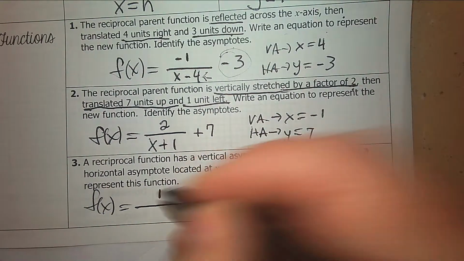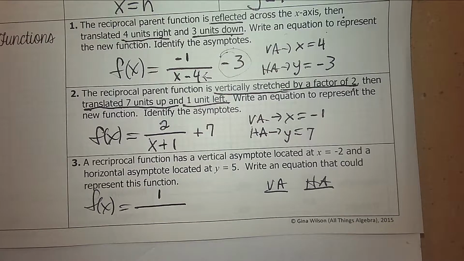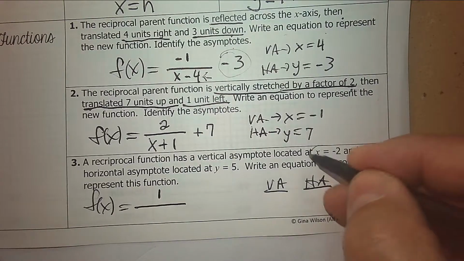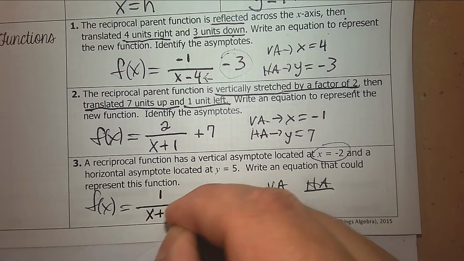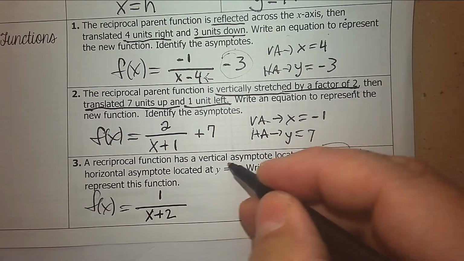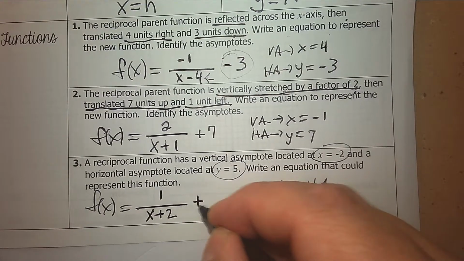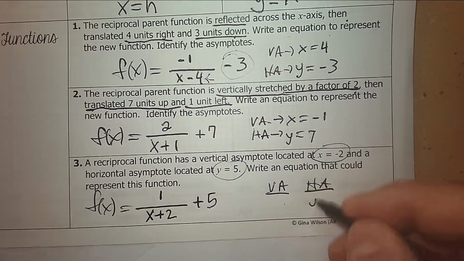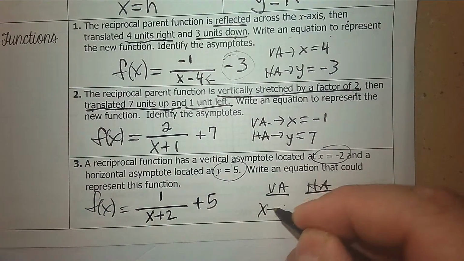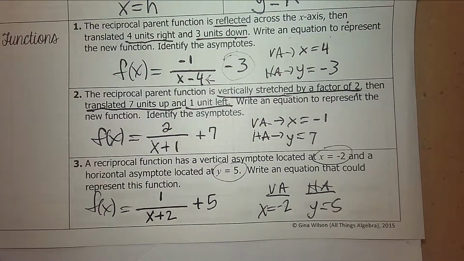So I'm just going to put down 1. If the vertical is at x equals -2, what is the denominator? And if the horizontal is at 5, and they're already given, right? Like the horizontal's at 5 and the vertical's at -2. All right, turn the page.